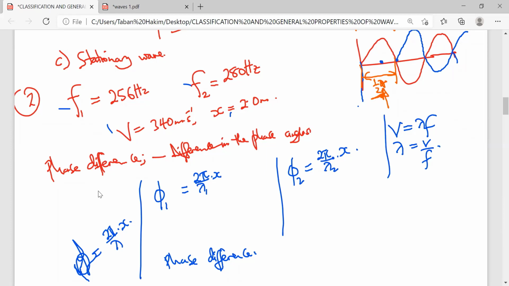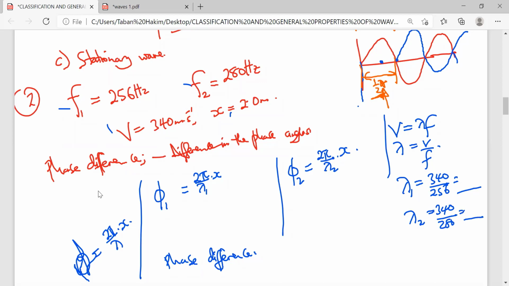So in case of the wave velocity and the frequency, you can get the lambda. Our lambda 1 will be equal to 340 divided by the frequency, which is 256. Lambda 2 is 340, the same velocity, divided by 280.